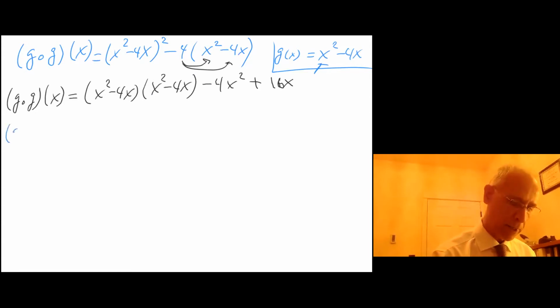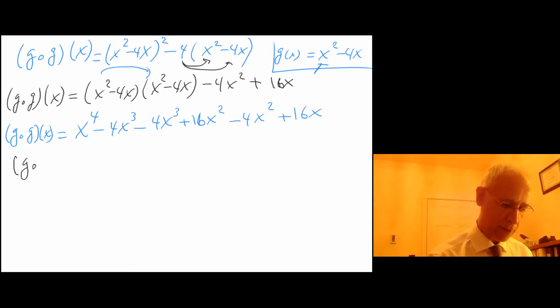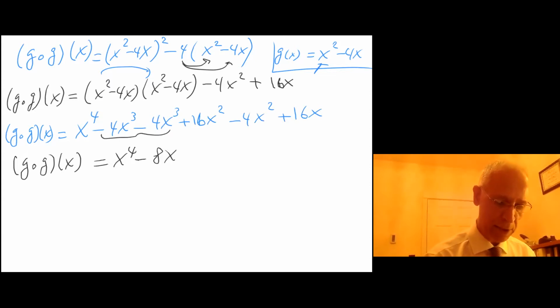So g of x equals x squared times x squared gives me x to the power of 4 minus 4x cubed minus another 4x cubed plus 16x to the second minus 4x to the second plus 16x. Cleaning this up, I have g of x equals x to the power of 4. So these two are like terms, so I have minus 8x cubed.